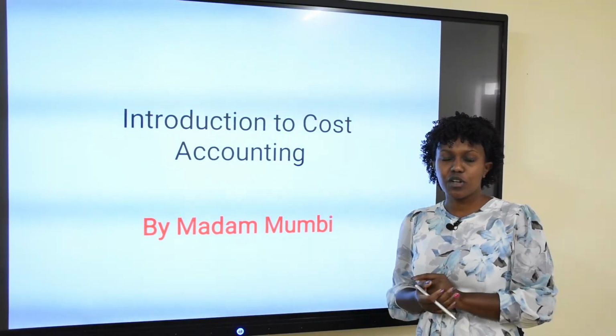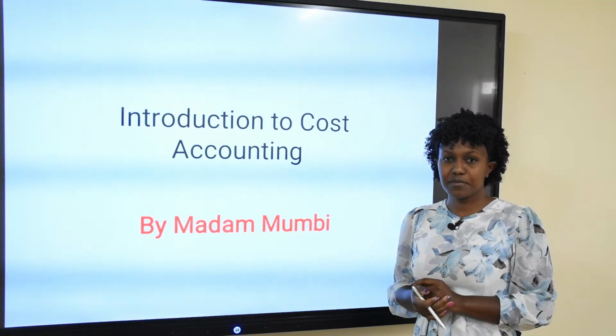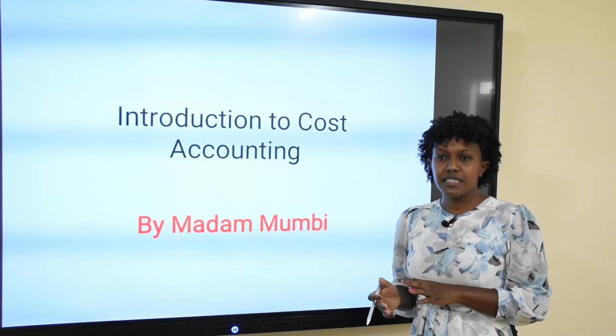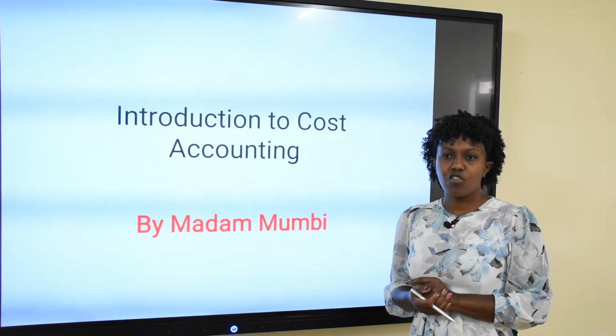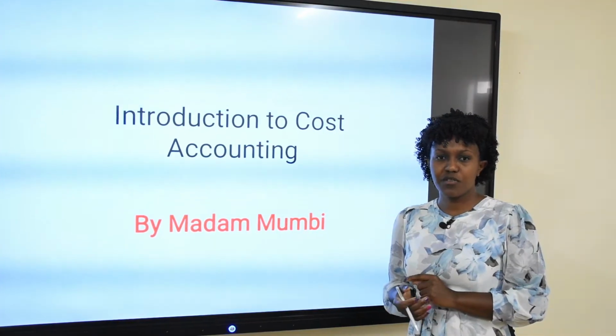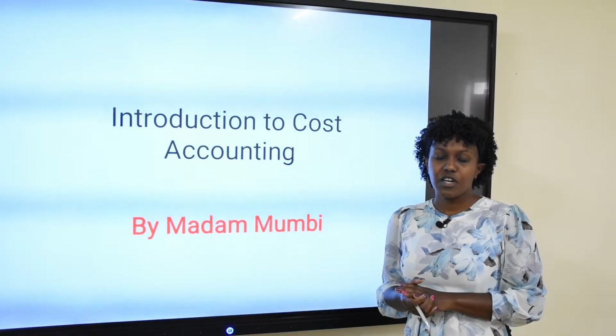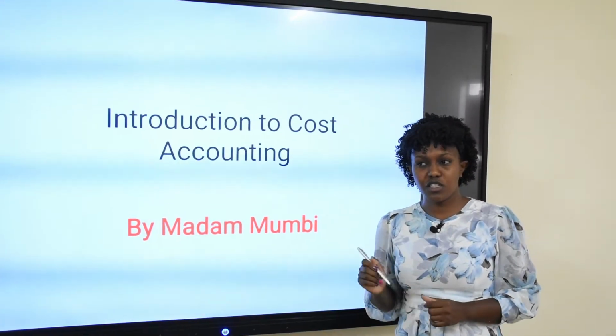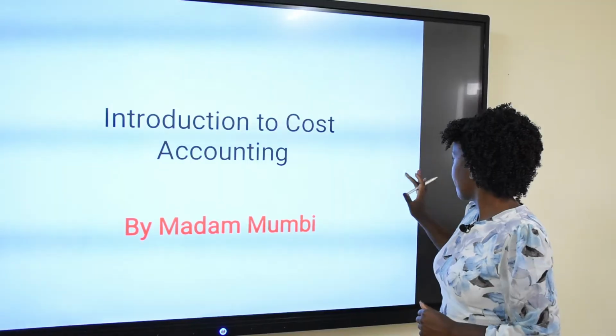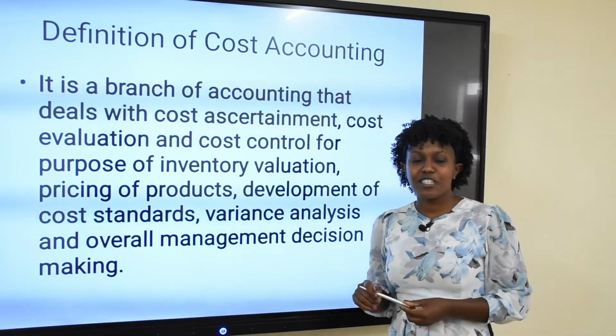Cost accounting is one of the branches of accounting, among many other branches like auditing, management accounting, financial accounting, and taxation. Specifically, we are going to start by introducing what cost accounting is.